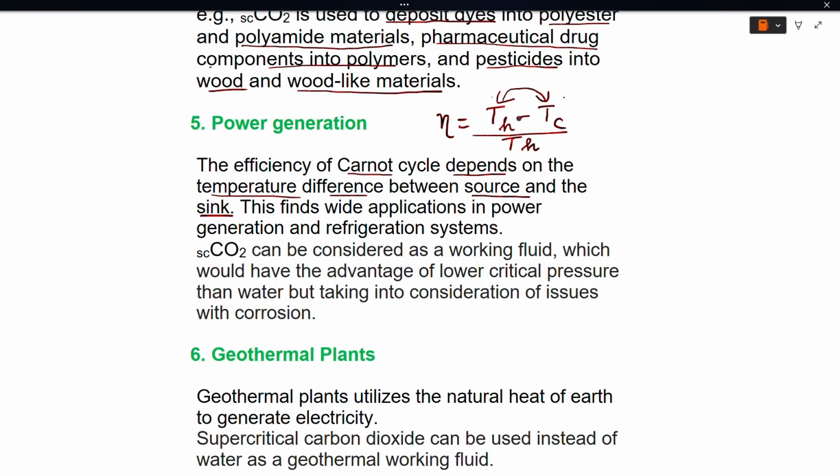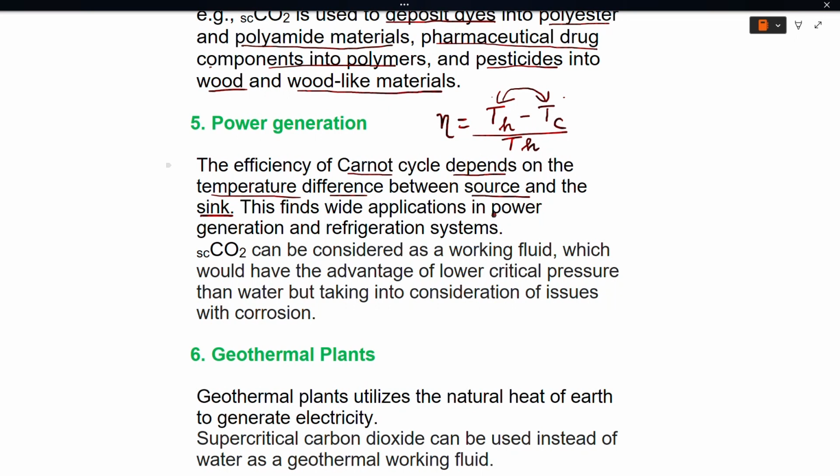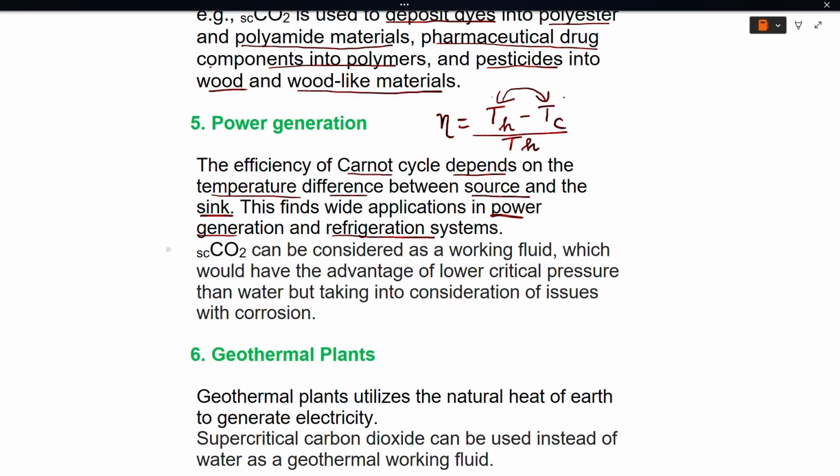Okay, greater the difference and greater will be the efficiency. So, supercritical carbon dioxide has application in power generation as well as in refrigeration systems where it can provide the difference in temperature between the source and sink.